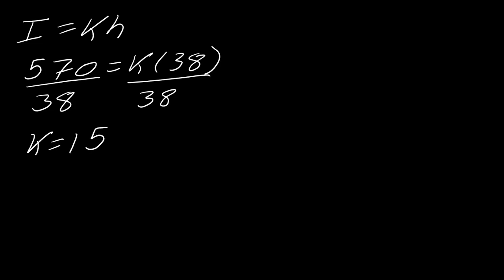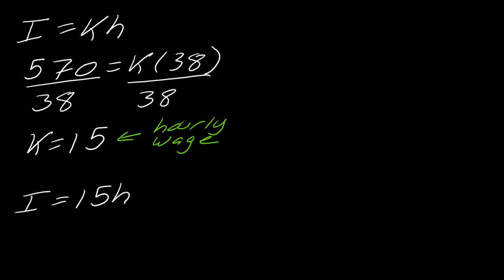So what does K actually represent then? In this case, it represents her hourly wage. When you're working with word problems, usually K will represent something in the problem. So this is her actual wage. Now I have income equals 15 times the amount of hours she works. That makes sense, right?